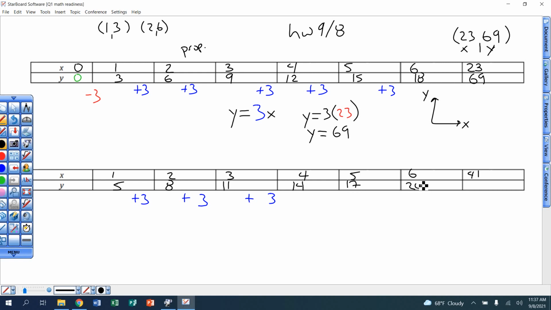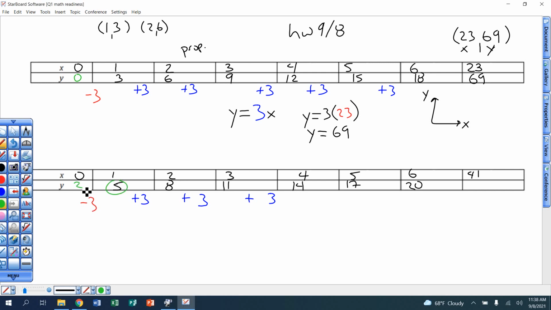To find that 41st term, I need to go back to the 0 term like I did before. So that's again minus 3. Subtracting, this 5 minus 3 gives me 2. And because this has a y-intercept, this is non-proportional. This graph, if I graph it on an xy axis graph, will not go through the origin.